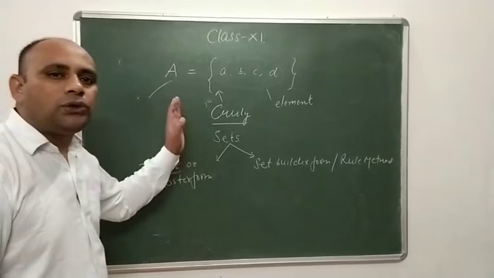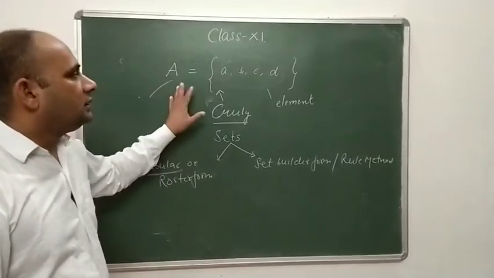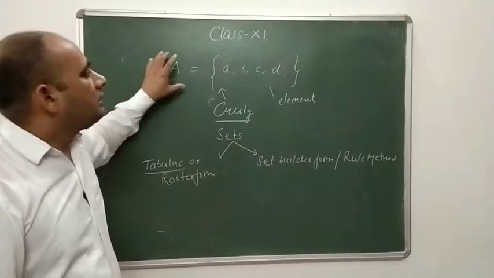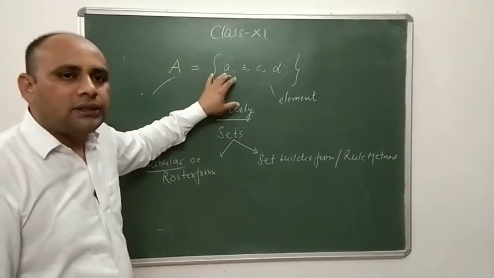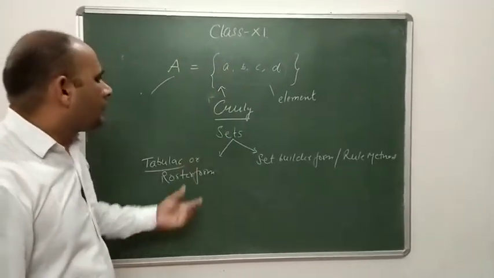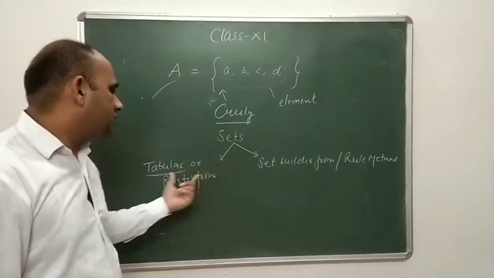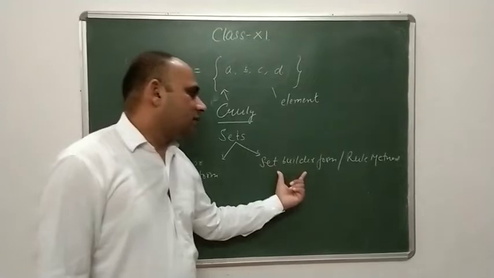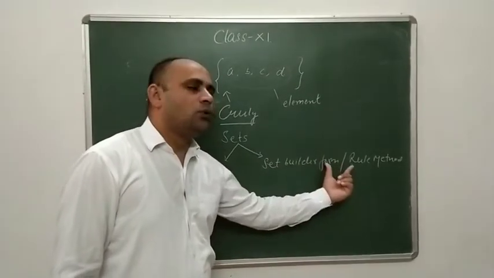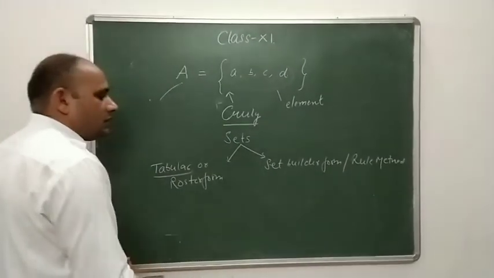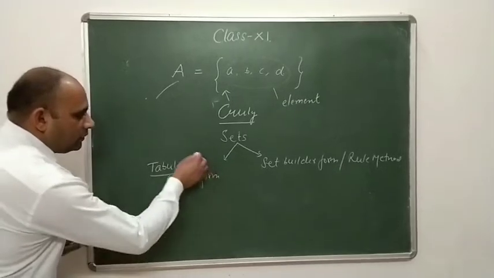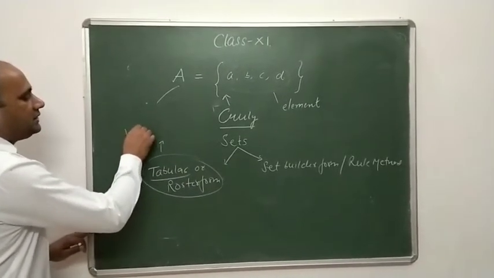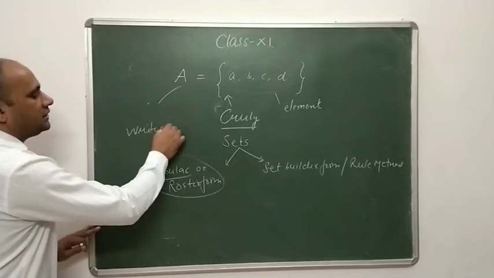So after notation of a set बेटे, notation of set means set denoted by capital letter, by curly brackets and with element. And sets representation tabular or roster form, either set builder form or rule method means roster or tabular form means write as listed.